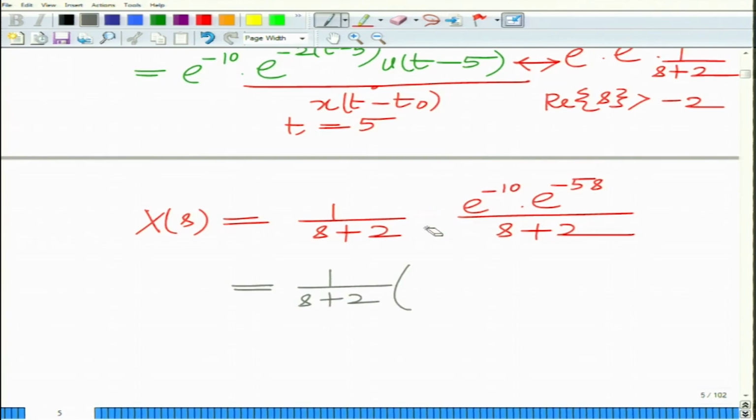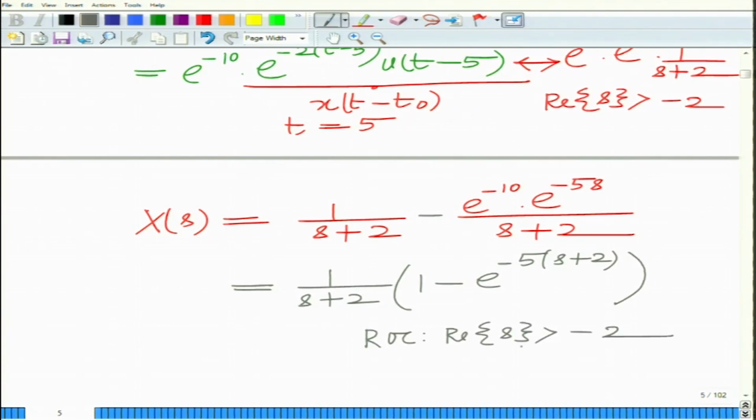I am sorry, this will be a minus. So, 1 minus e raised to minus 5 into (s plus 2) over s plus 2, and the ROC will be real part of s greater than minus 2. This is the final region of convergence for this problem.